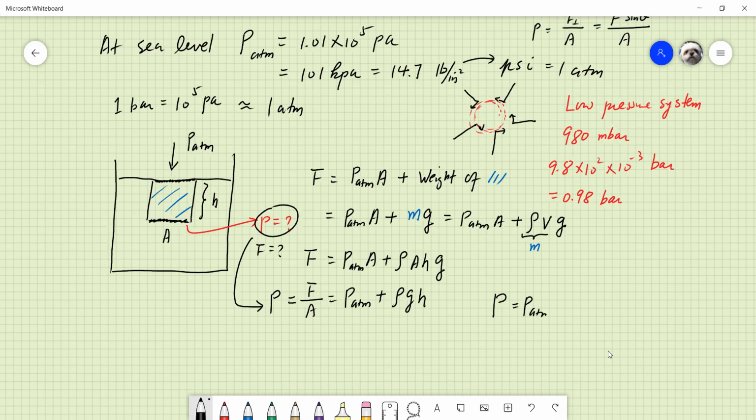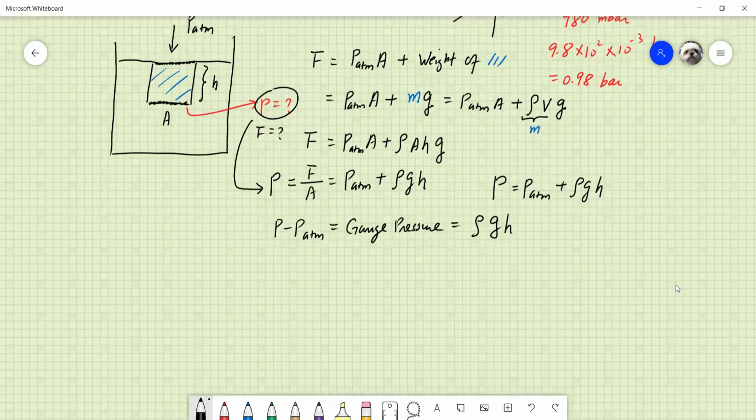So that pressure P minus PATM, we call the gauge pressure, is equal to rho g H. What is rho here? If the fluid is water, then rho will be the density of the water. If the fluid is mercury, that will be the density of the mercury. Good.